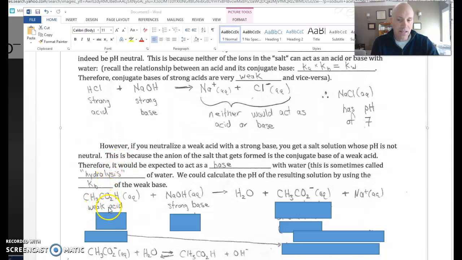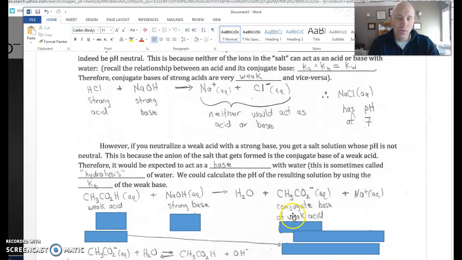And since acetic acid is a weak acid, acetate is the conjugate base of a weak acid right here. What we know is that if we know the Ka of that weak acid, we can figure out what the Kb is of this conjugate base, and from that we can figure out what the pH of this solution is. Sodium ion would not be inclined to act as either an acid or a base, so it's just going to be a spectator ion.